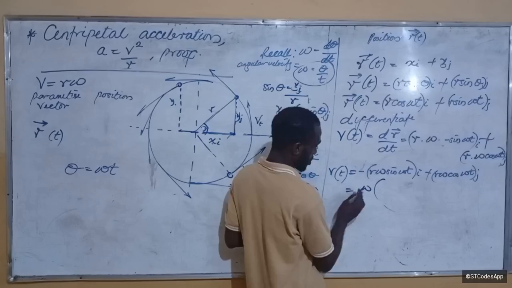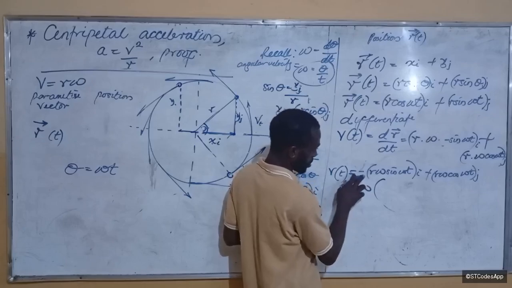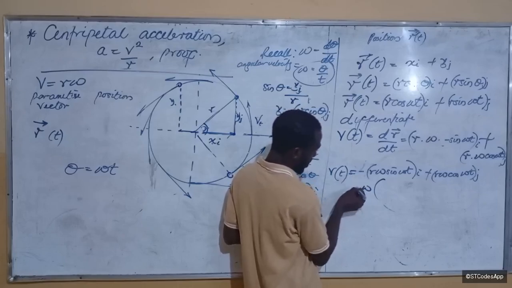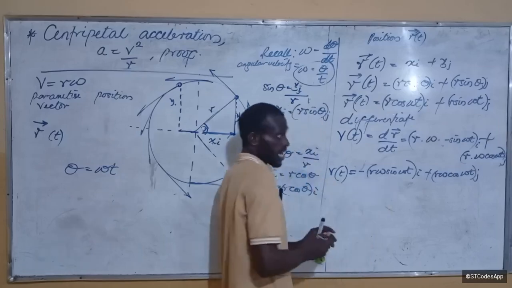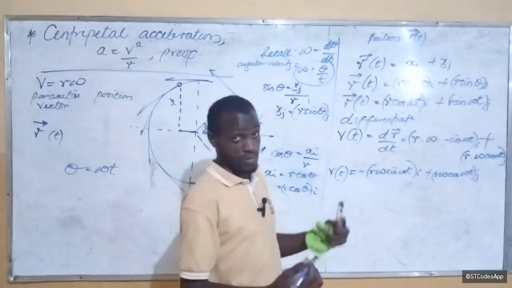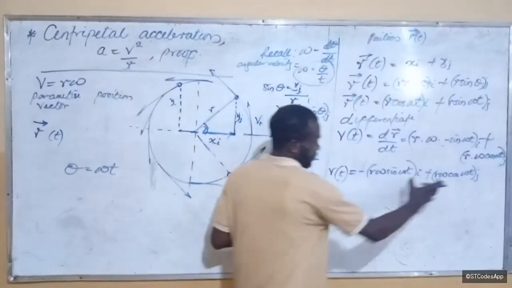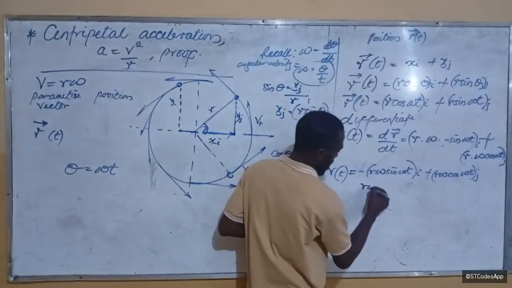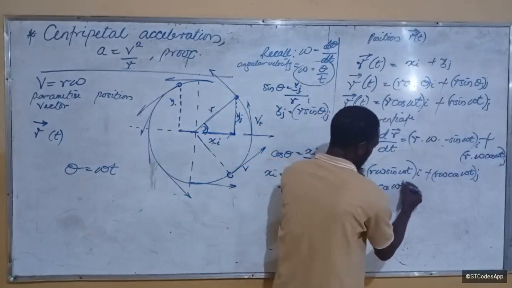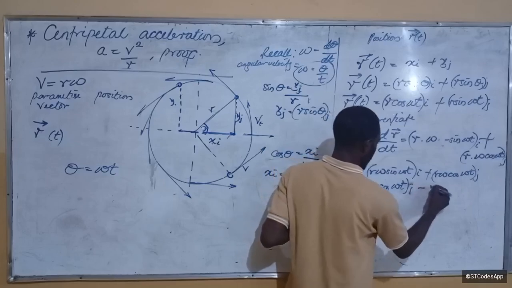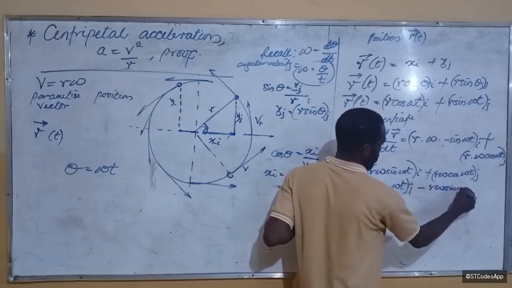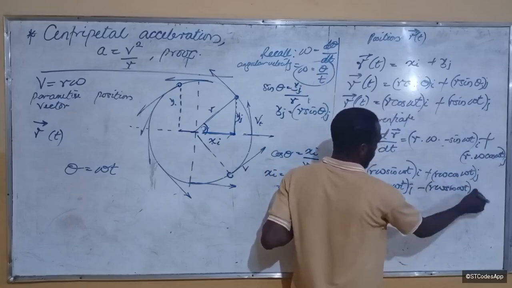So let's eyeball this negative first. How do we do that? Let's put the minus here. Let's rearrange this. I want you to see how v equals r omega. That's not what I'm proving though, I just want you to see it. Let's rearrange this: it becomes r omega cos omega t j minus r omega sine omega t i.